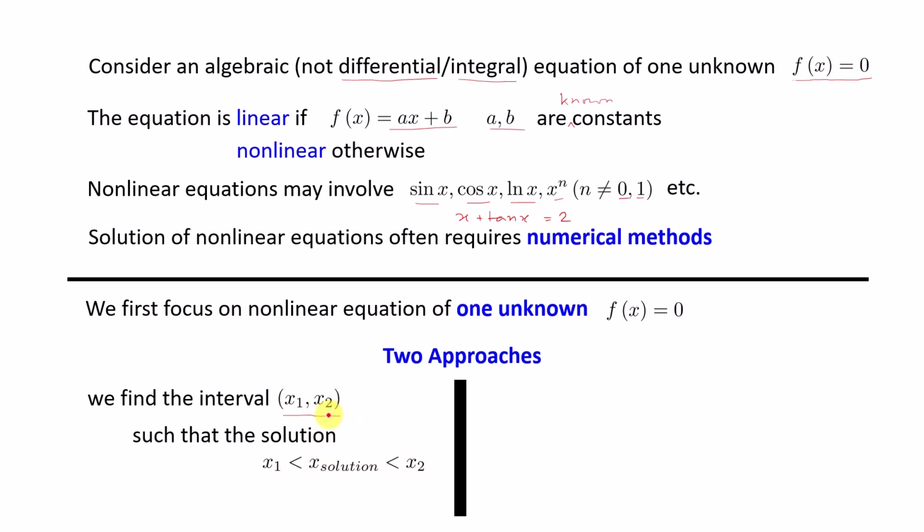Once this x1 and x2 are identified, subsequently what we do is that we iteratively close this gap. So our goal is to reduce this x1 minus x2, that means bringing x1 and x2 closer and closer iteratively. And eventually we will come very close to this solution where we will terminate our calculation and we will assume that we have reached the solution.